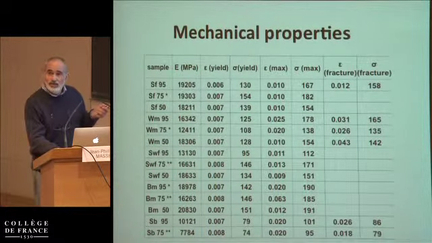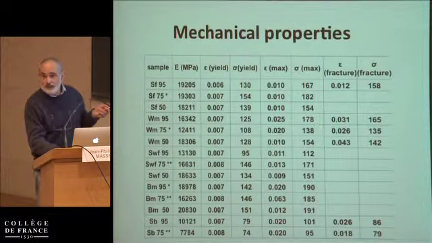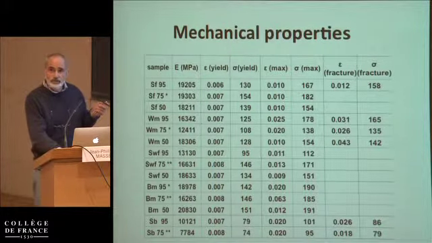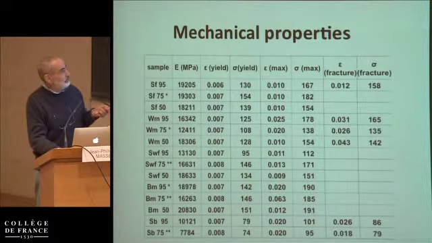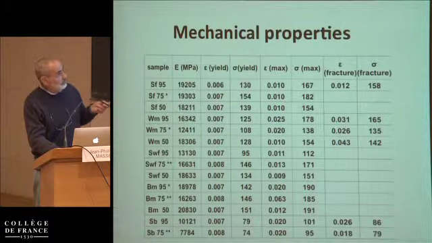Looking at mechanical properties, I won't go through the numbers, just to show you a principle. These bones of the billfish can be pretty stiff, like regular mammalian bone. All the bones of fish that were tested so far were much more compliant, but here we can reach 19 gigapascals Young's modulus in the axial direction. As you can see, the yield strain is the same as in mammals, about 0.7%, and the stress at yield is also similar.